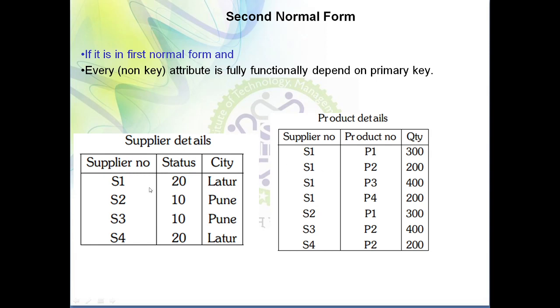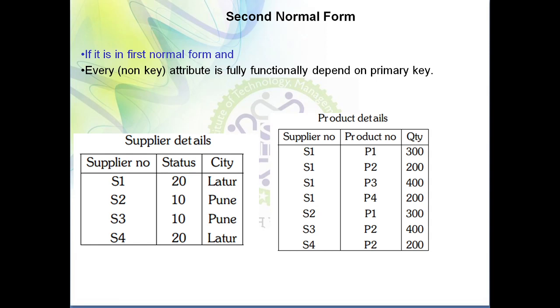Now we need to check whether these two tables are in second normal form or not. Again our mechanism of checking is the same. First of all we need to decide the primary key. For the supplier table, what is the primary key? Only supplier number. Suppose my primary key is formed with only a single attribute, then there is no chance of having partial dependency.